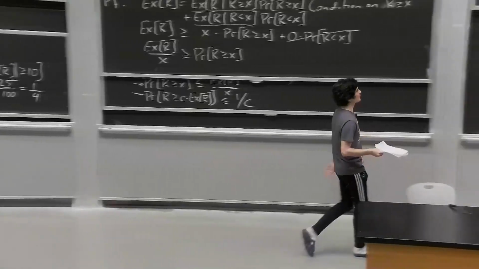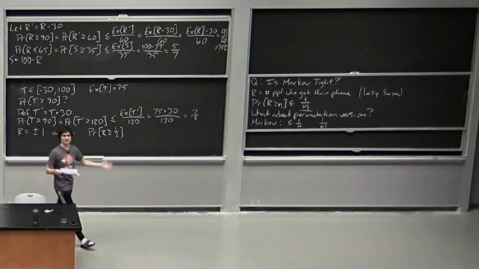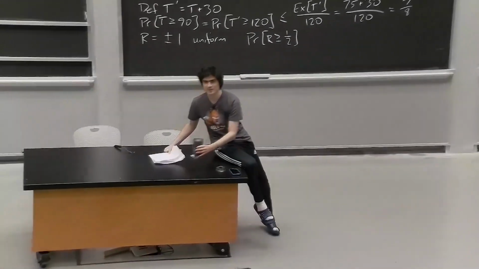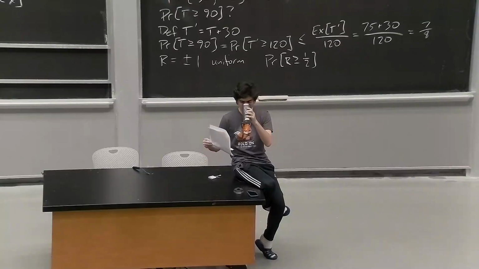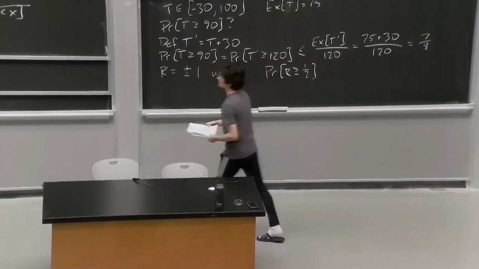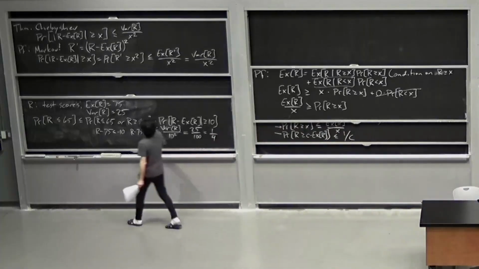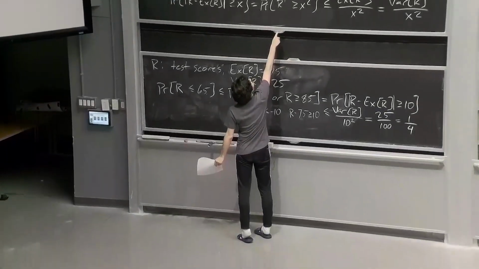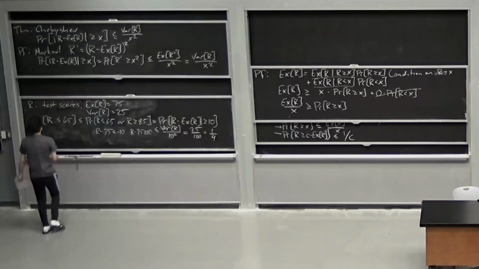Because we have more information than we had here, we can get a stronger bound. Knowing the variance helps us out. Equivalently, we could rephrase this in terms of standard deviations. Where would be a good place to write this? How about here?